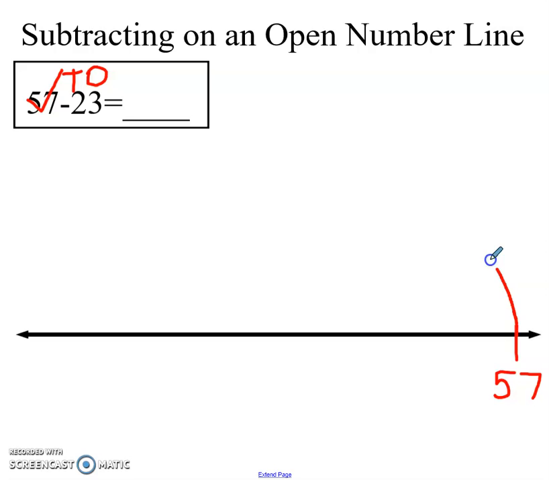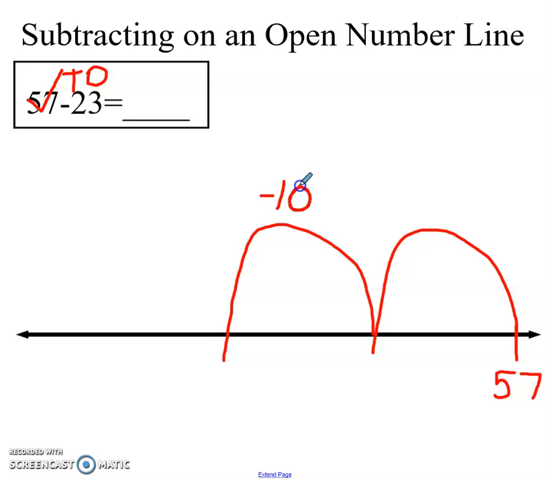because I'm taking away 10, 20. And I need to label these. Remember, I'm subtracting 10 with each jump. Okay? All right. What is 57 minus 10? 47.